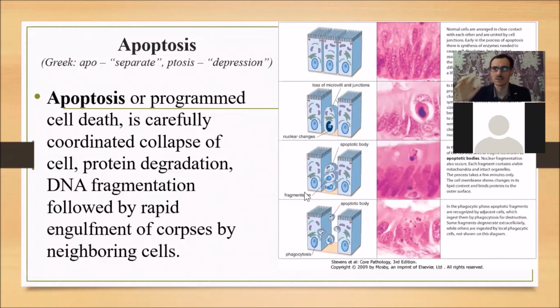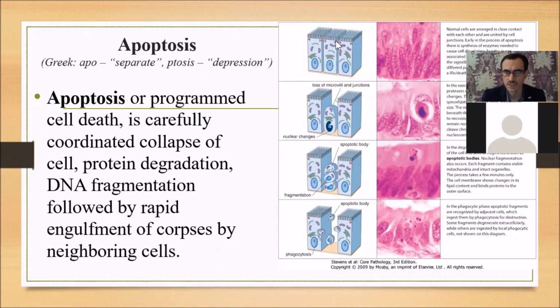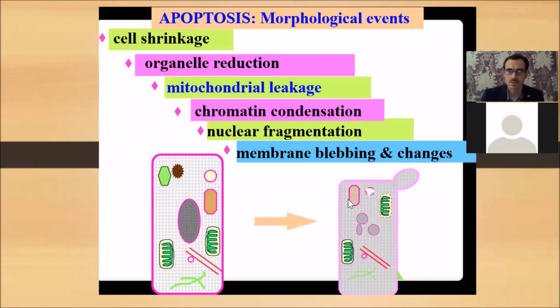Now I will try to focus on the morphological aspects of apoptosis. Here you see the schematic pictures and the histologic pictures of apoptosis, and which morphological events occur during apoptosis.